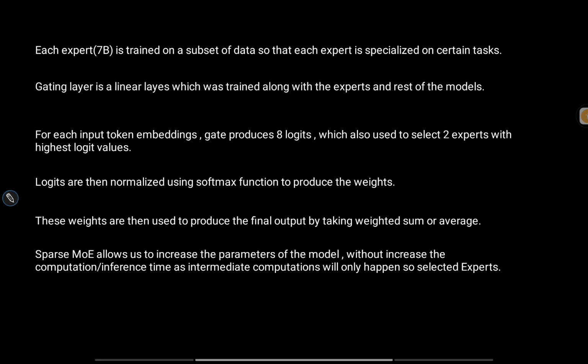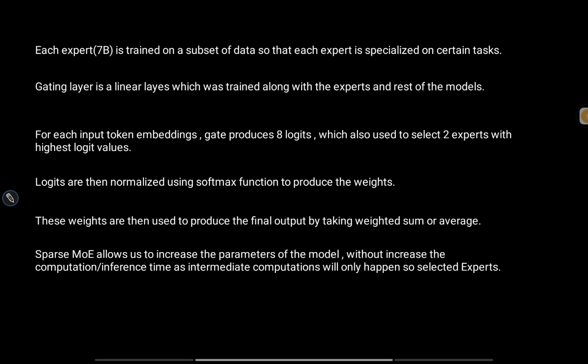This sparse mixture of experts allows us to increase the parameters of the model. We can see here that 8 experts are present, each of them a 7 billion parameter model. It has been seen that in the case of large language models, the more parameters you have, the better the performance is. We have seen that in the progression of GPT-1, GPT-2, GPT-3.5 and GPT-4, where every time the model parameters increased by huge margins and the performance also got a boost.